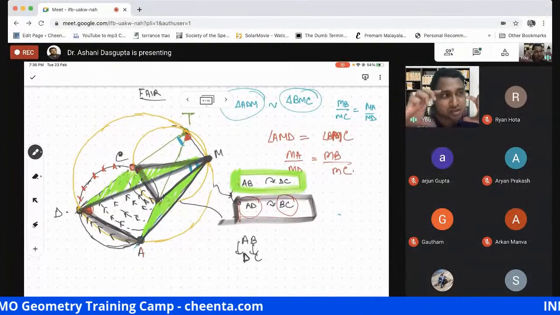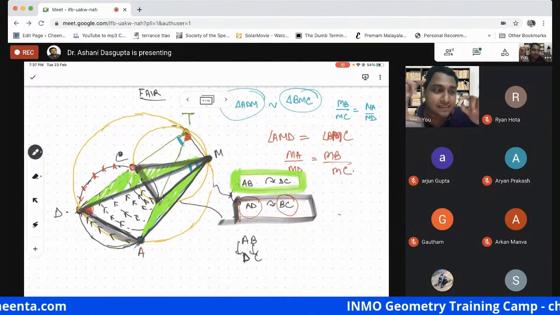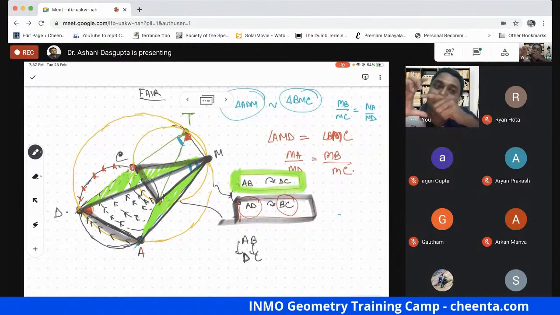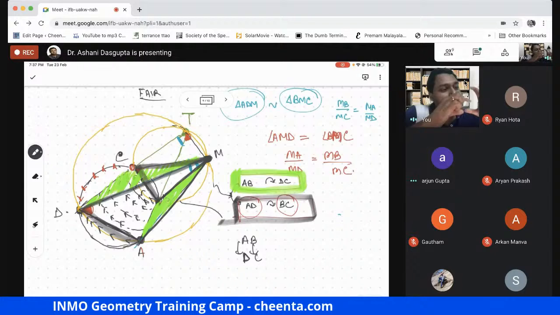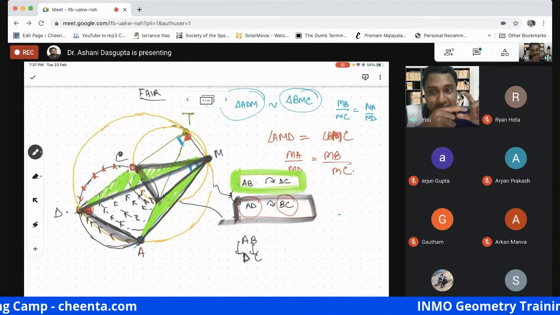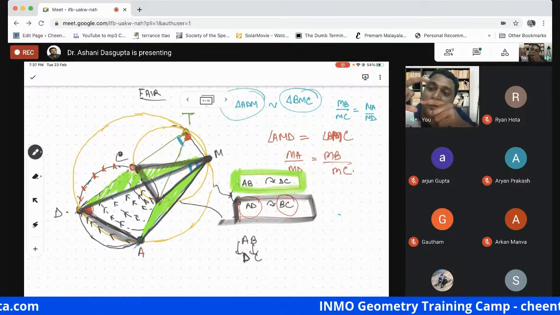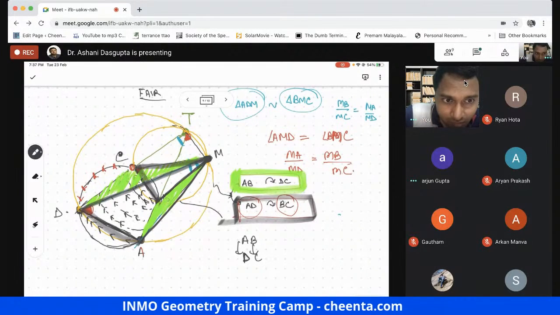If you proportionally increase one piece to the other piece, then the midpoint of this one will go to the midpoint of the other one. If you take a point which is 1/3 away from point A, it will go to a point which is 1/3 away from the target of the point A. Yes, sir.